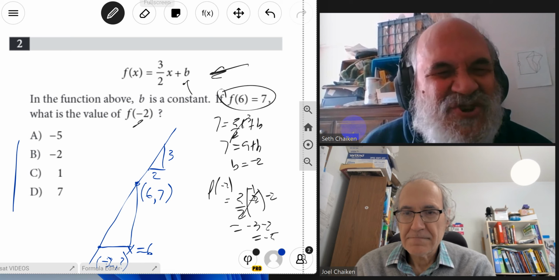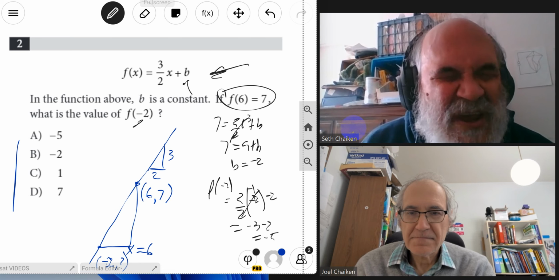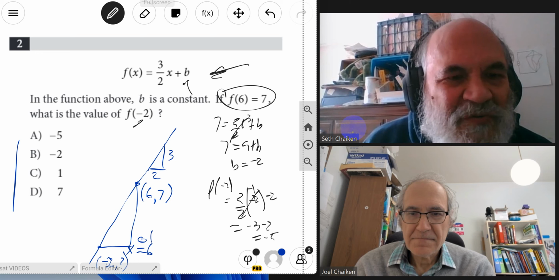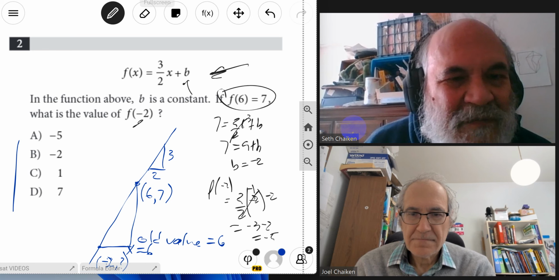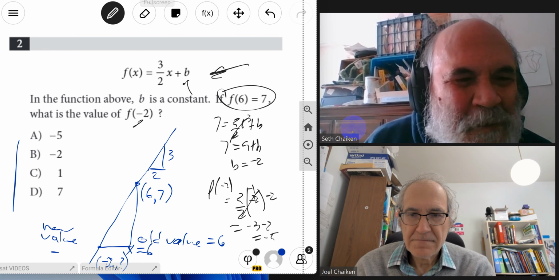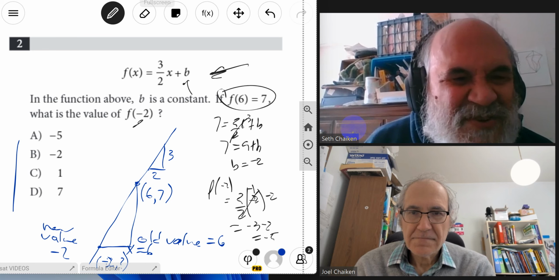Well, how has x changed? It got changed from an old value of 6 to a new value of -2. So how much is the change?